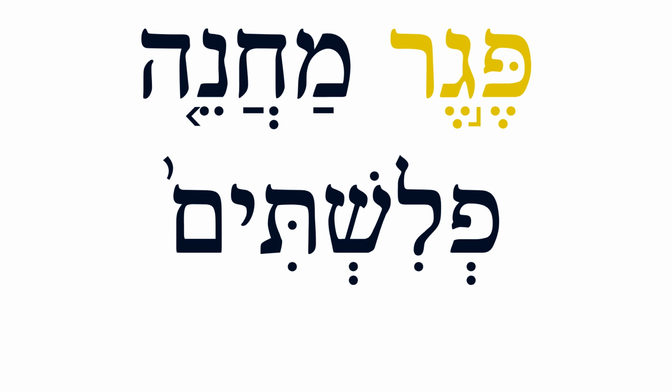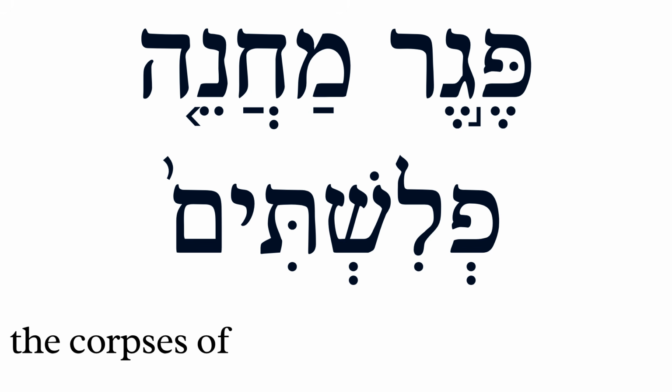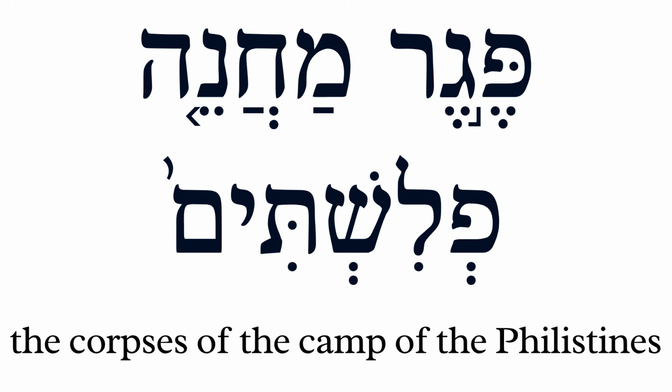Beged is a new word for us, and it's not a very common one. It means corpse. Here it's being used in a plural collective sense. So we'll say the corpses of the camp of the Philistines, each noun belonging to the noun that comes after it.